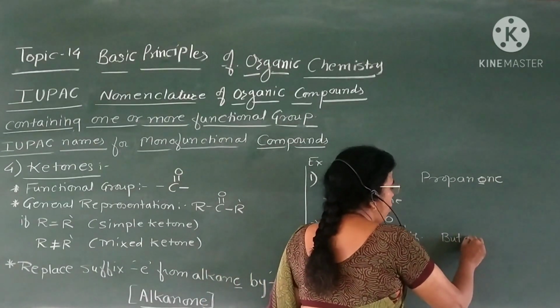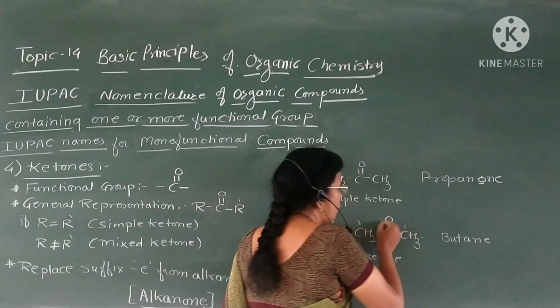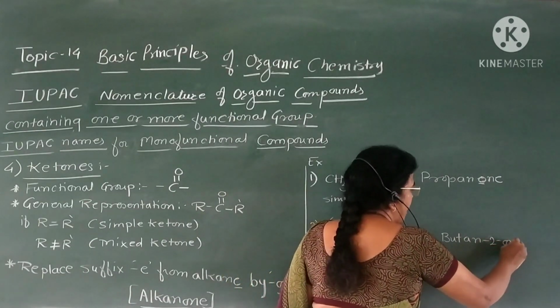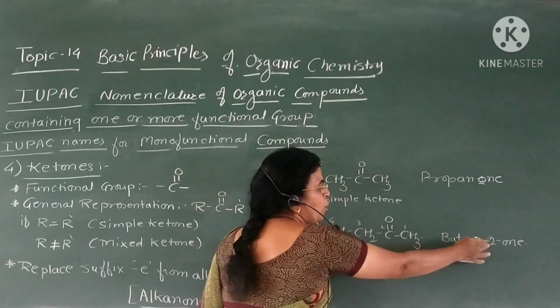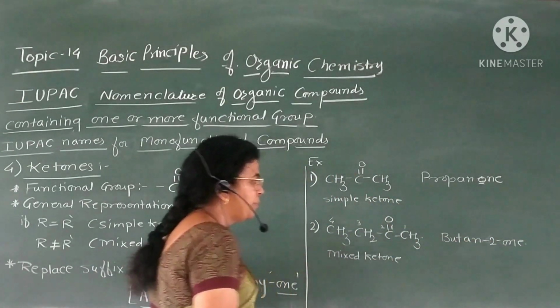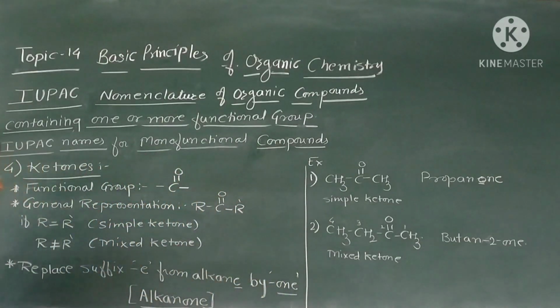Now give the position of this ketonic functional group, that is 2-ONE. Butane-2-one is the IUPAC name of this compound. In this way, IUPAC names for ketones are given.